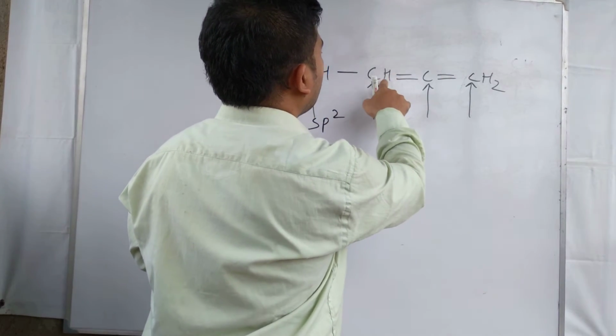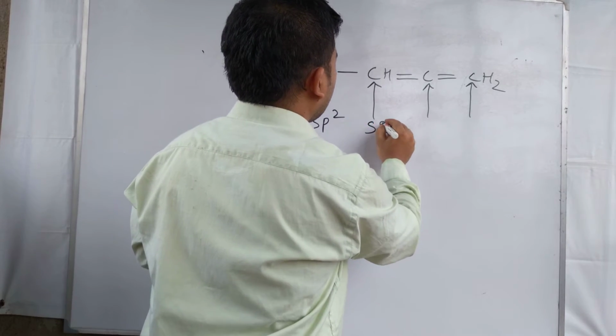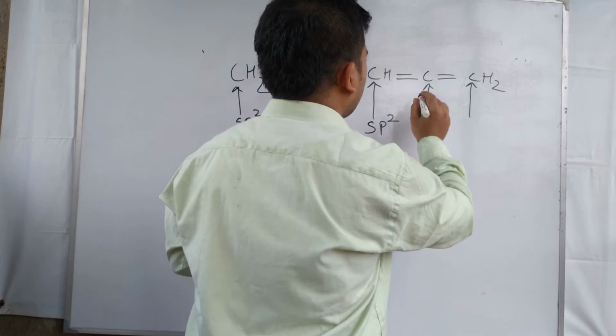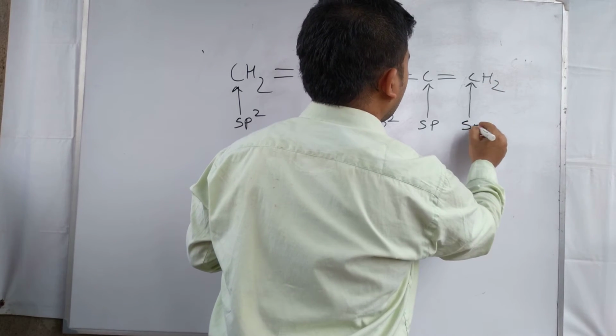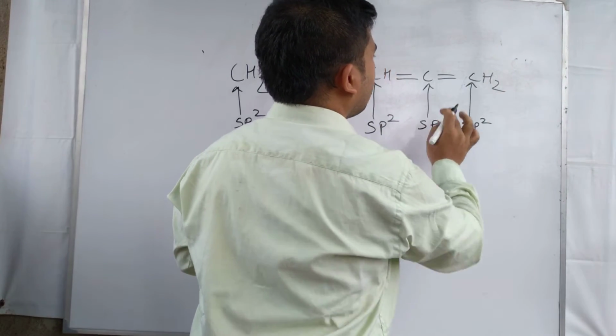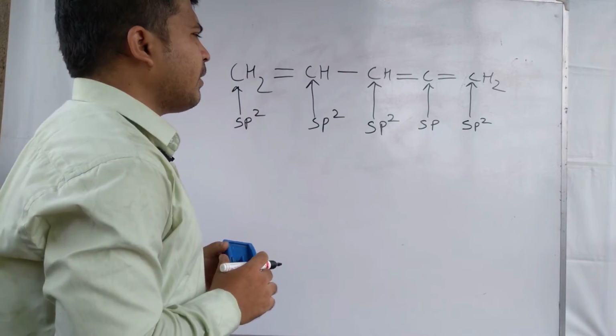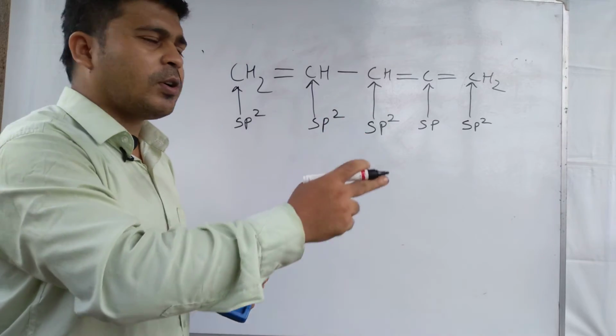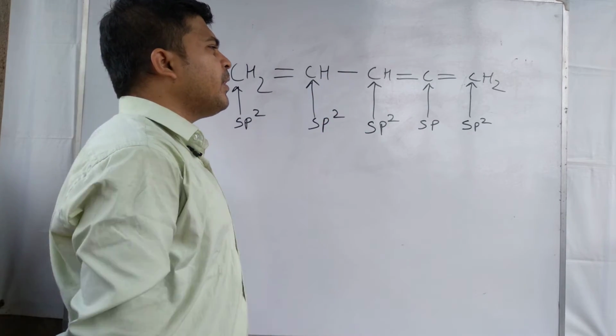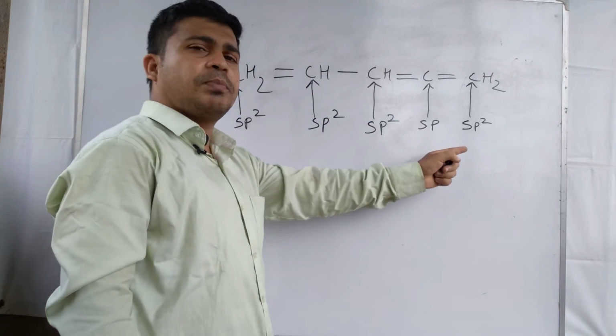It is 1, 2, and 3, therefore it is also an sp2 carbon, and this carbon is an sp carbon, and this carbon is an sp2 carbon, because 2 plus 1, 3 pairs are attached to this carbon atom, and for this reason its hybridization is sp2.